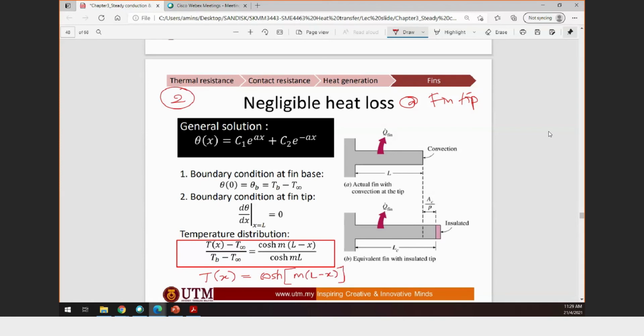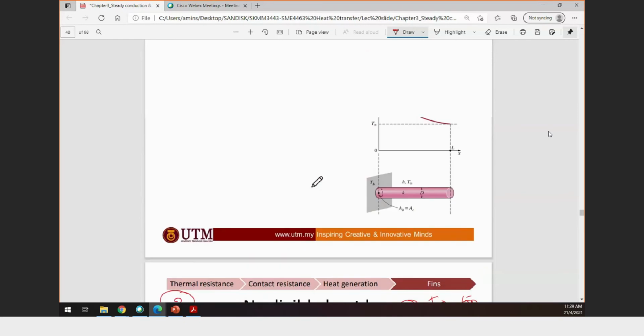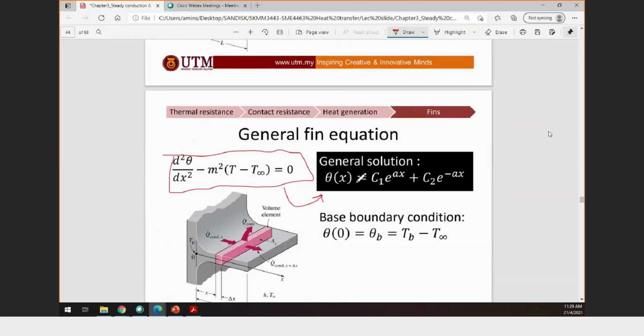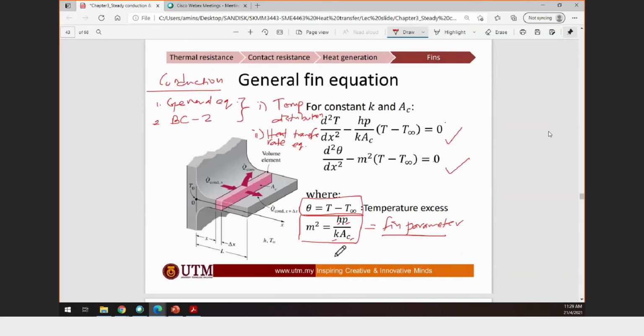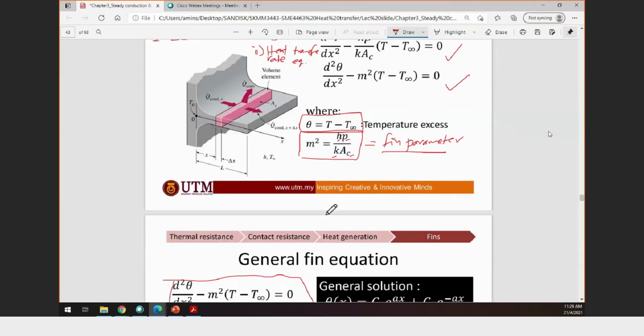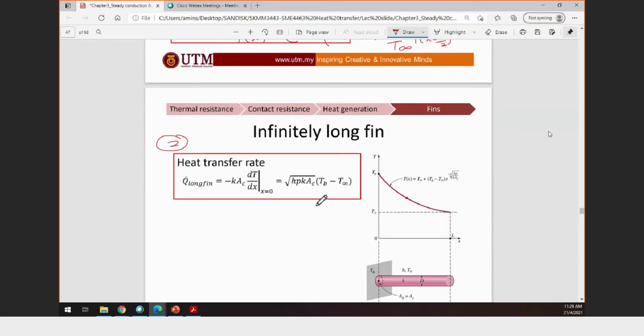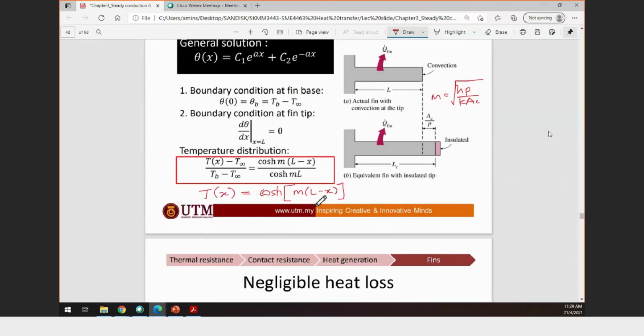What is m? m equals the square root of hP over kAc, where Ac is the cross section, from the general terms of the equation.